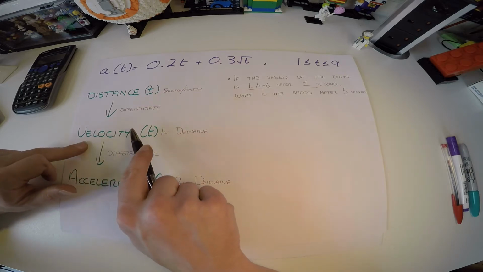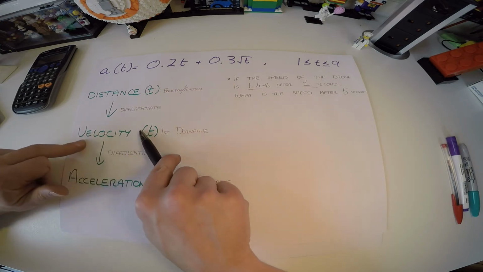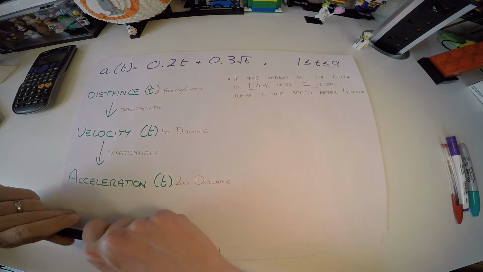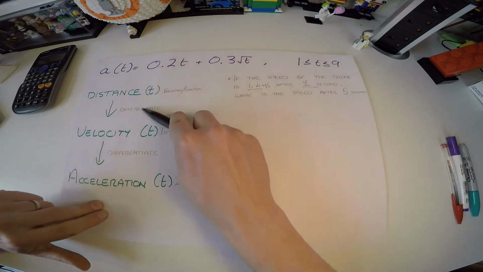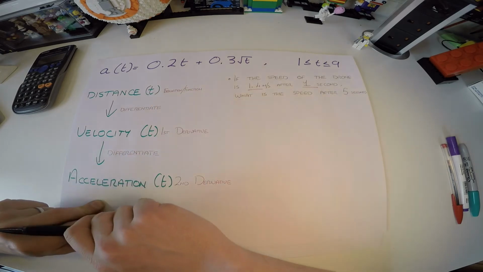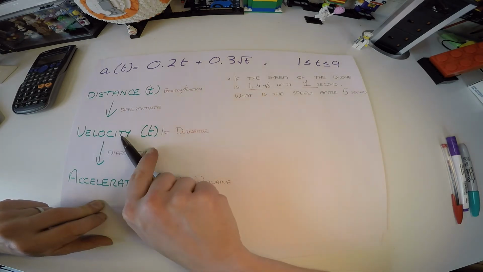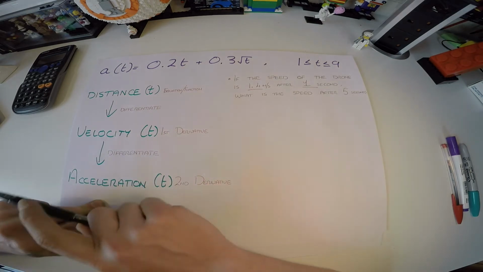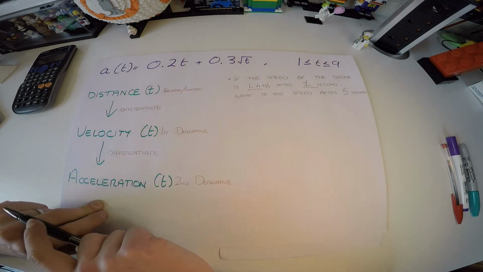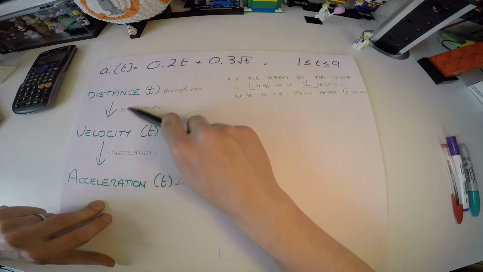If you differentiate the velocity function, you're now looking for the change in velocity, which of course means acceleration. So this is the order that we'll remember things in. If we have a distance time function, we can differentiate that, and our derivative is a velocity function. If we differentiate our velocity function, we now have an acceleration function. This is something you should remember.